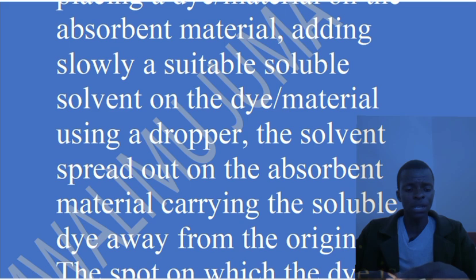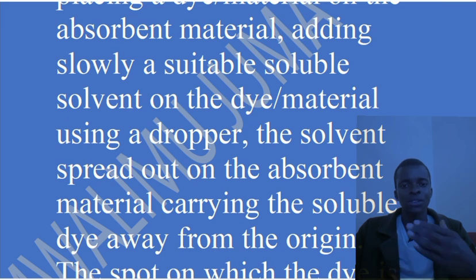So the spreading of the dye depends on a number of reasons. Remember, they are all first on one line, which we are calling the baseline, and the farthest they can go is called the solvent front. For these spots to move from the baseline to the solvent front is determined by a number of reasons, one being the density of the dye.